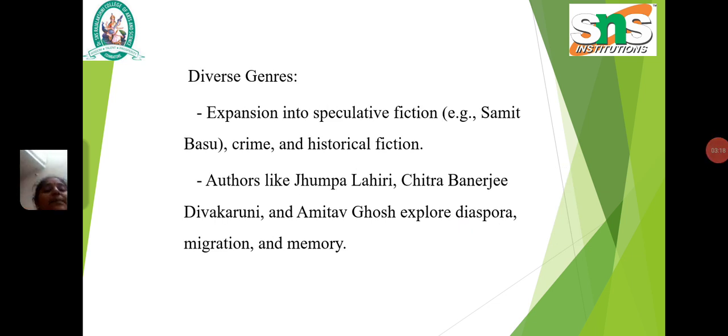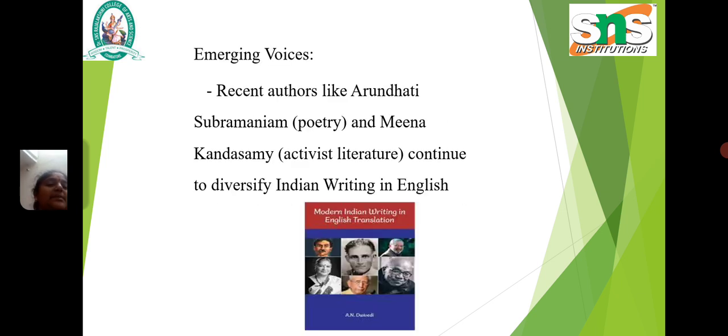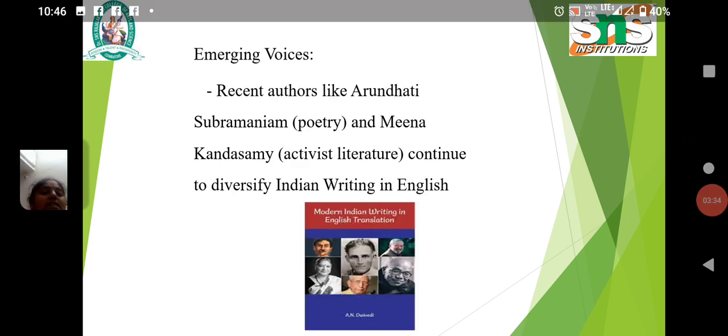Diverse genres, expansion into speculative fiction, for example Samit Basu, crime and historical fiction. Authors like Jhumpa Lahiri, Chitra Banerjee Divakaruni, and Amitav Ghosh explore diaspora, migration, and memory. Emerging voices.